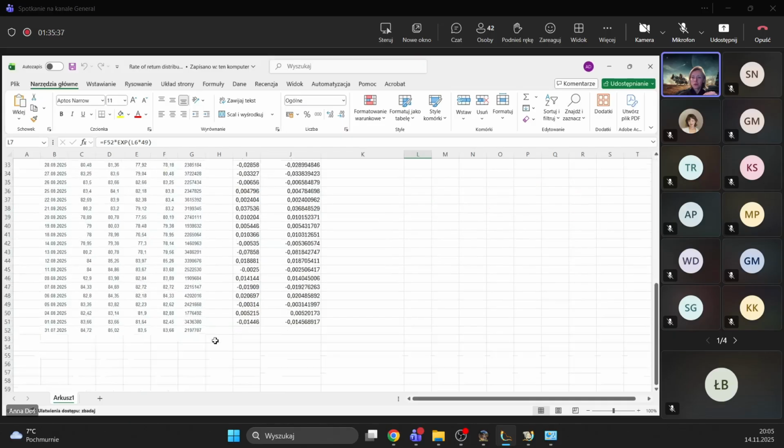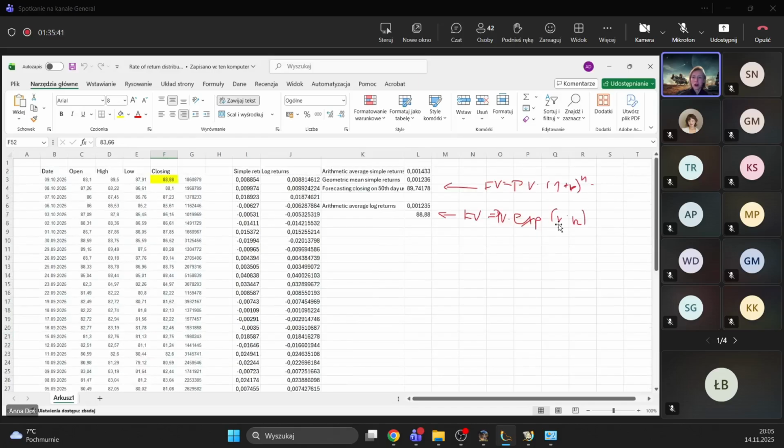Present value is always the beginning of our observation. R will be the arithmetic average of log returns. N, again, is 49 because for 50 closing prices, we have 49 day changes. And the result is 88.88, which is perfectly the same as the closing price on the 9th of October.